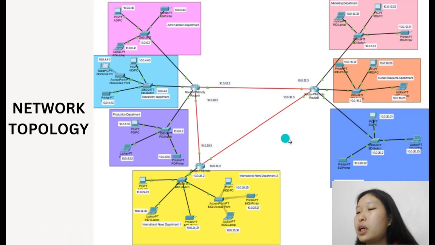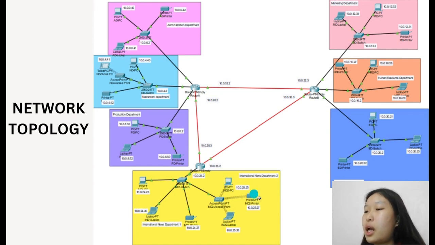Each of the departments uses the same devices to connect together, which are PC, printer, laptop, and switch. Then we are using 3 routers to connect the network. The only difference is that the newsroom department is using an access point to connect the tablets, and the international news departments too are using access points to connect the PC, printer, and laptop.